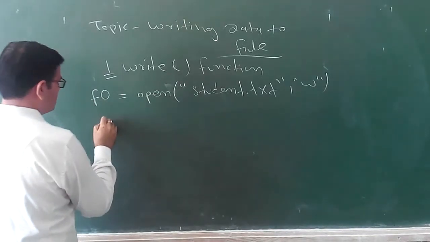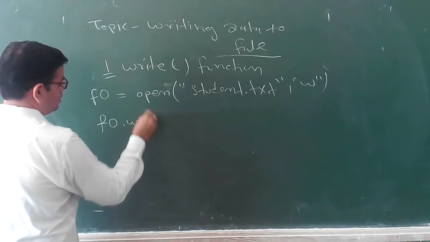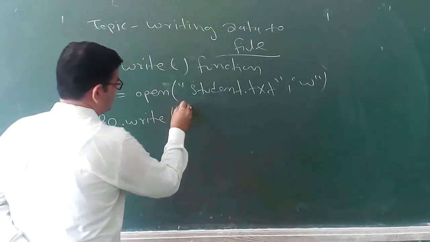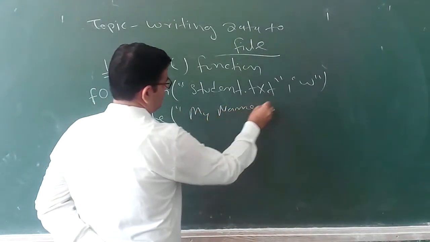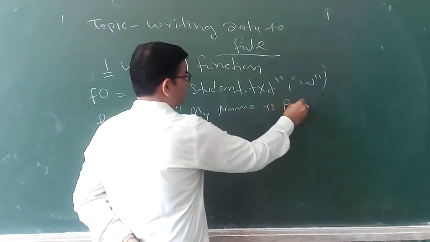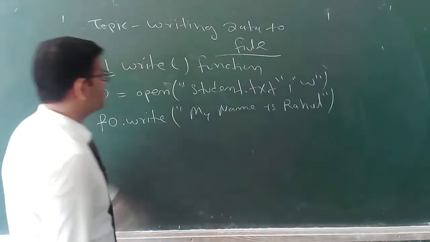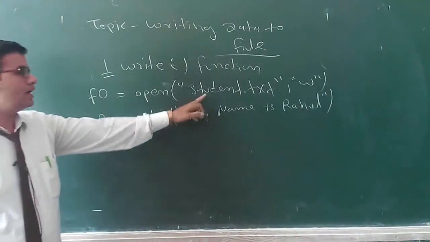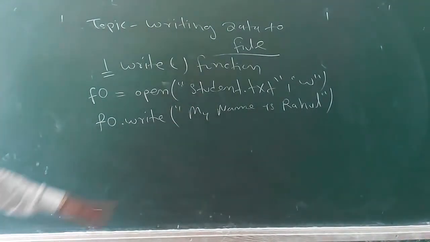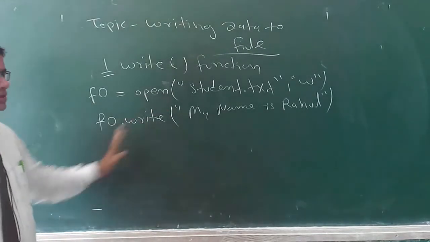Now you can write fo dot write, "my name is Rahul". This line you want to store in student.txt, so this line will be stored in student.txt according to this statement.